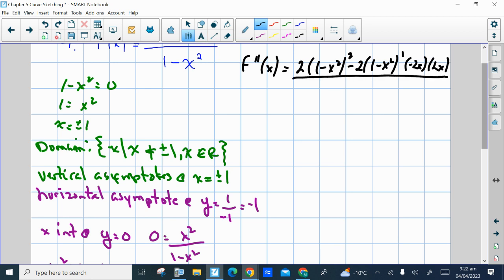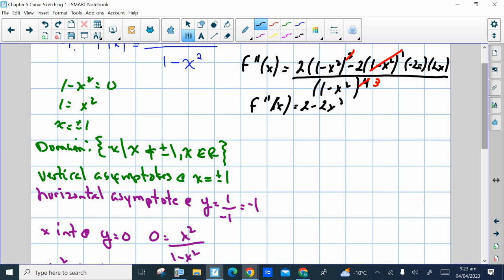All over the bottom squared, which is 1 minus x squared to the 4th. And now we have at least one factor of 1 minus x squared in all 3 terms. So we can cancel one factor of 1 minus x squared. So if we simplify what we're left with, we'll have 2 minus 2x squared.